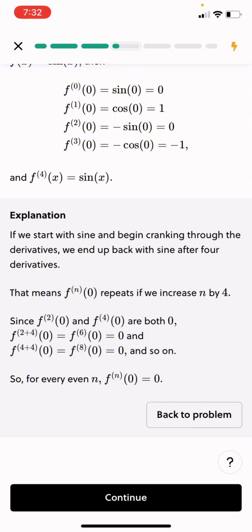So if we start with sine and begin cranking down through the derivatives, we end up back with sine after 4 derivatives. That means f^n(0) repeats if we increase n by 4. Since f^2(0) and f^4(0) are both 0, f^(2+4)(0) equals f^6(0) equals 0, and so on.